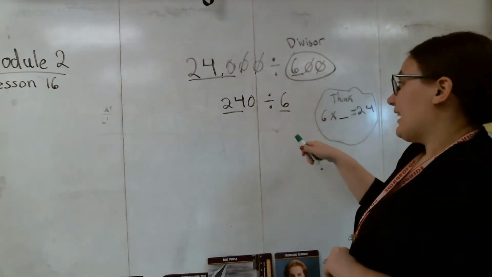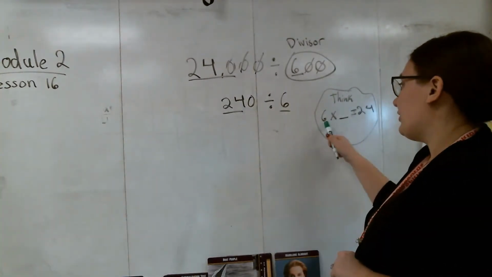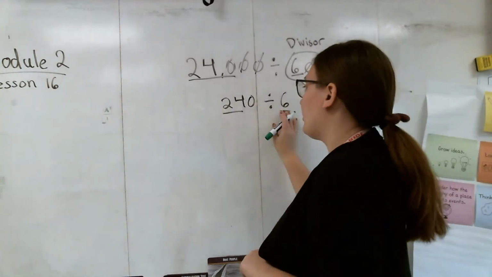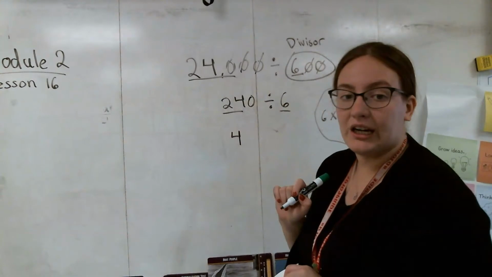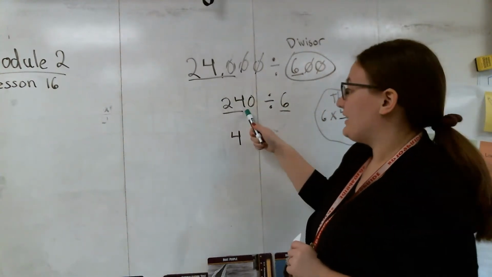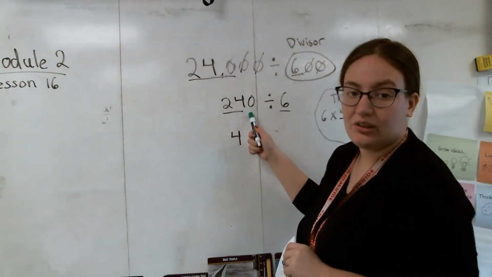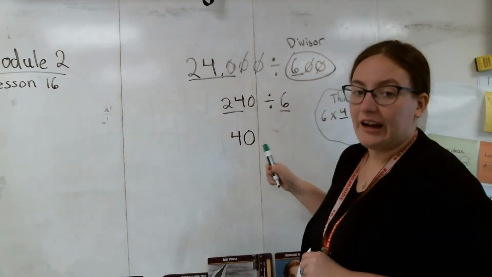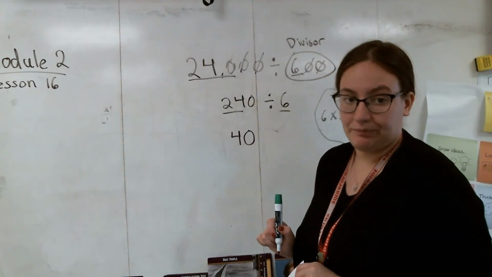So 5th grade, I could think of 24 divided by 6 is 4, or 6 times 4 is 24. So 24 divided by 6, I will write a 4 here. And what I need to pay attention to is that there is a 0 left over here. So I want to make sure that I bring that 0 down. And then my final answer is 40.